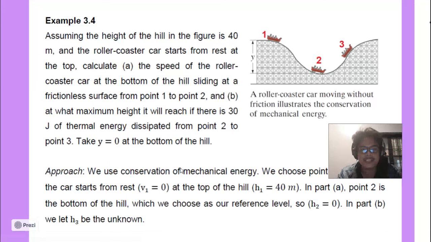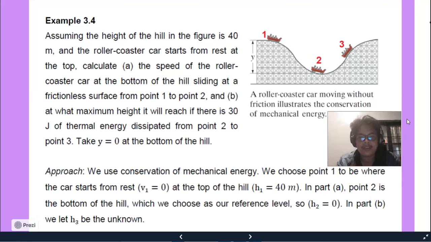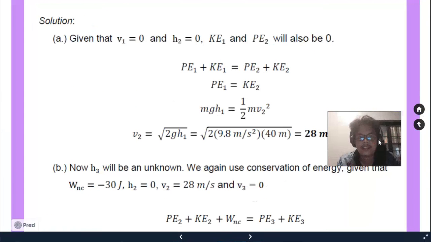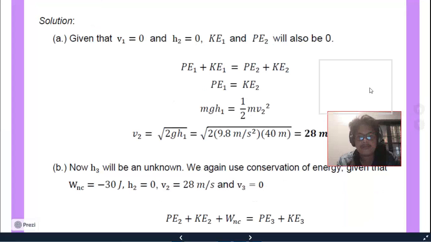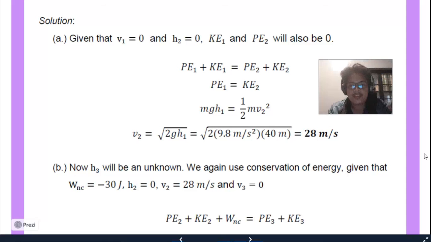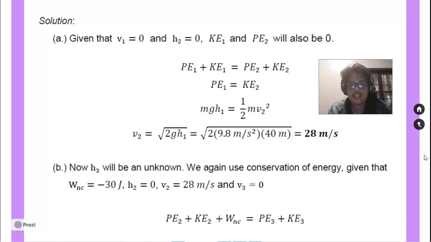Yung A, ang hinanap lang is the V2. Syempre yung sa A is walang presence ng friction. Diba? Ng non-conservative force. Okay, whereas sa B, meron ng non-conservative force. Okay? So, let's move on.